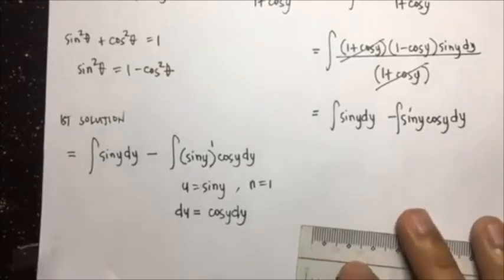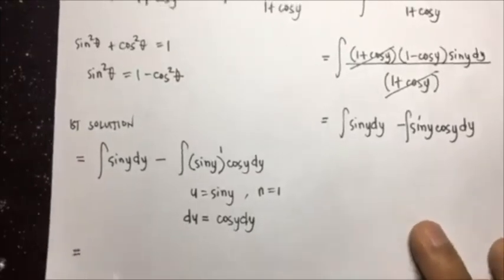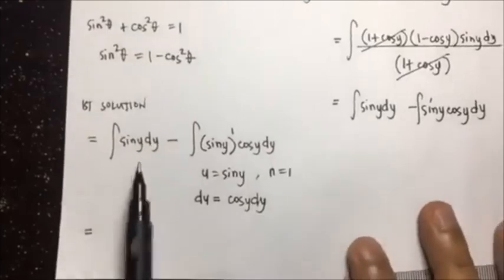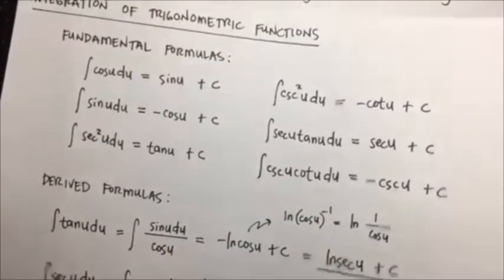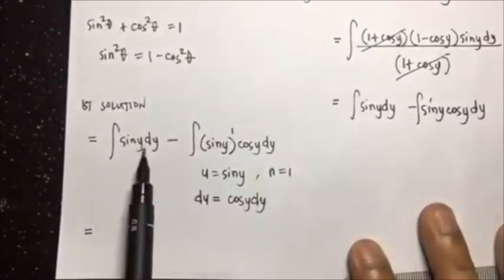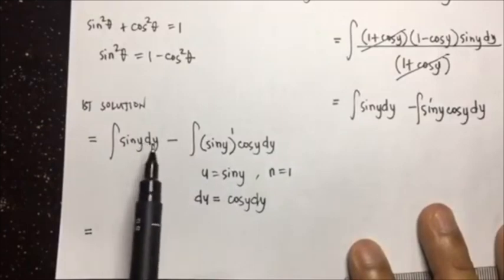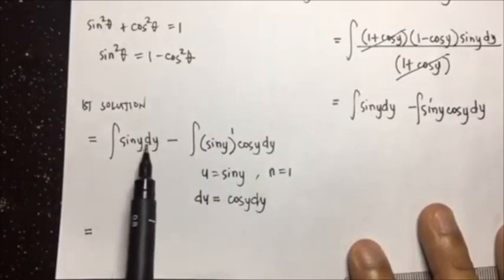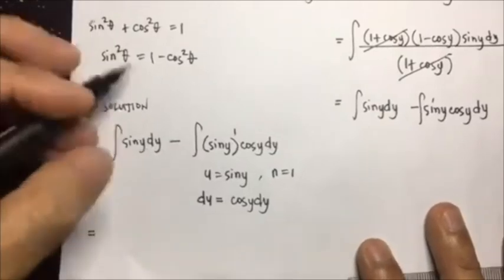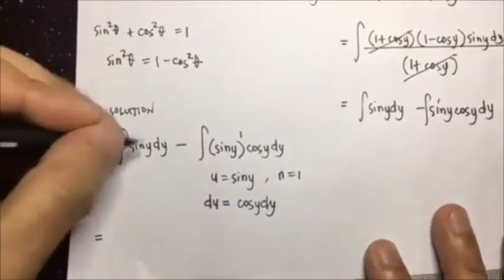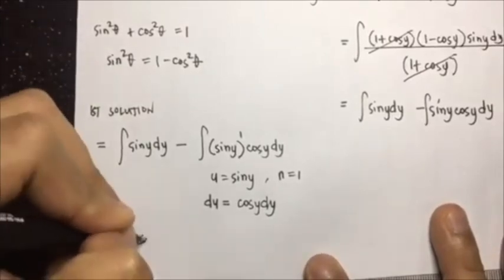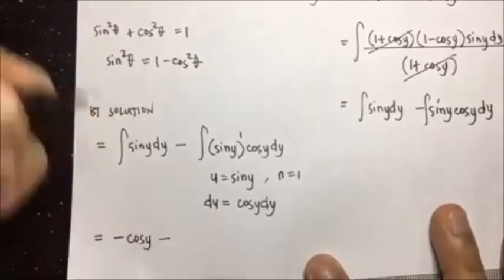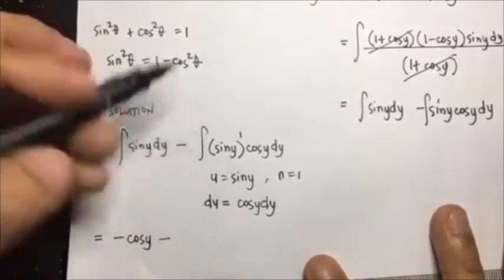So therefore we can now apply directly the power formula. The integral of sine y dy is negative cosine of u. Okay, so we have here y, dy is the complete differential of y, so therefore we don't also need to multiply it by any coefficient. So the integral of sine y dy is negative cosine of y minus, so we can apply here the power formula.